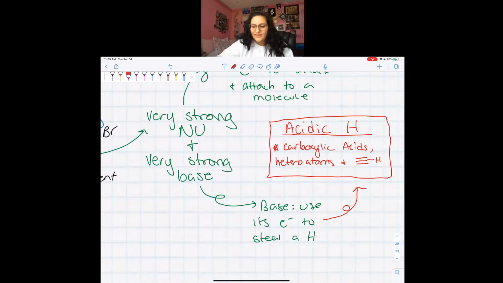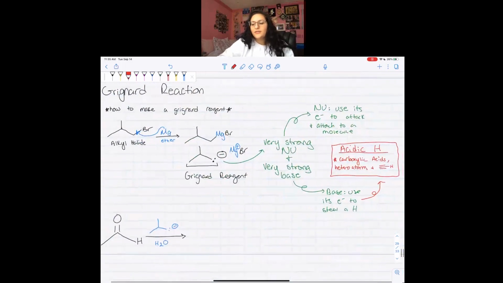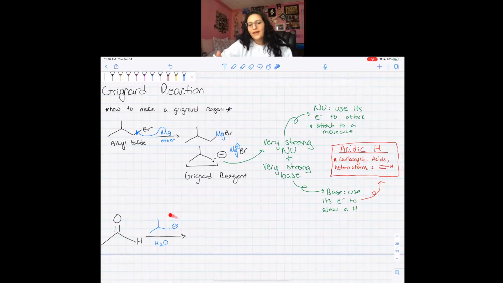So basically, if we have a hydrogen on a carboxylic acid, a hydrogen on a heteroatom, or a hydrogen on a triple bond, this will choose to steal that hydrogen instead of acting like a nucleophile. That's basically all that means. So let's go back here.